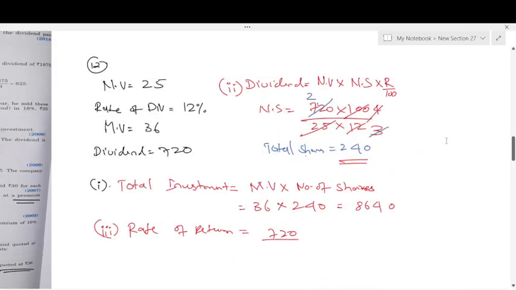How long to complete this? You have taken more than 7 minutes. 8,640 into 100. Zero cancelled. So what do you get? 7,200 divided by 8. Which times table did you all use?